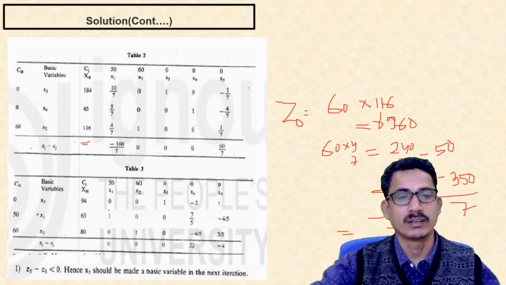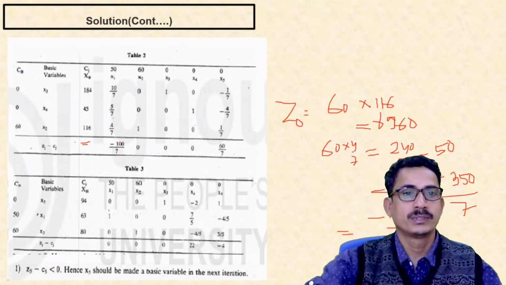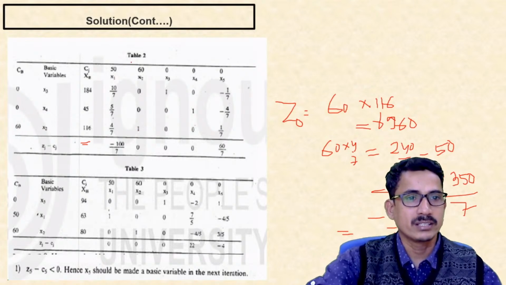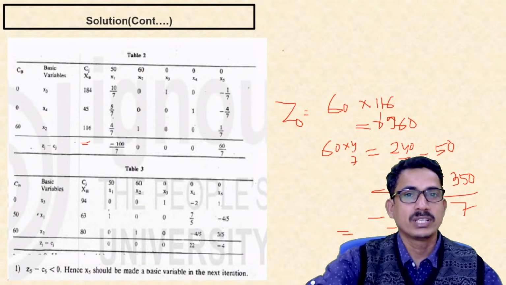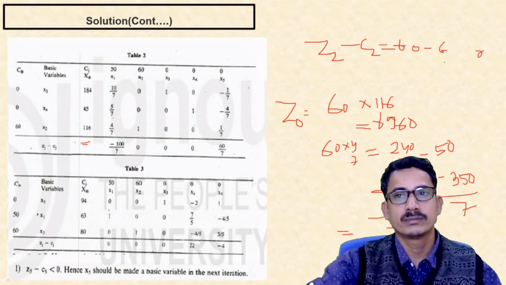This one is calculated like this. You can find out Z2 minus C2. It will be 0. Why? Now 0 into this is 0 plus 0 into 0 is 0 plus this into this, 60, but C2 is 60. The Z2 minus C2 will be 60 minus 60, which is 0.